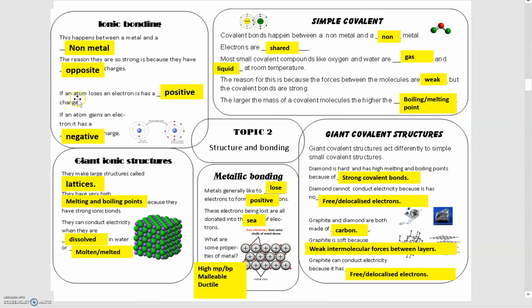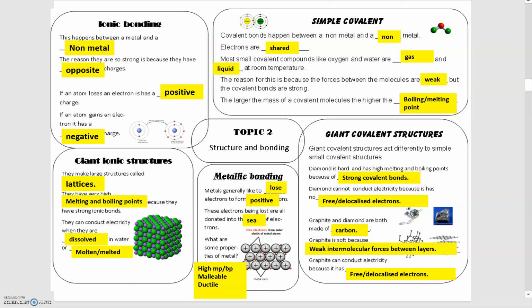And if an atom loses an electron, it gets a positive charge, and if an atom gains an electron, it gets a negative charge. So just concentrating on this box here, if something is a metal, it's lost an electron, it gets a positive charge, and a non-metal gets a negative charge because it tends to gain electrons.